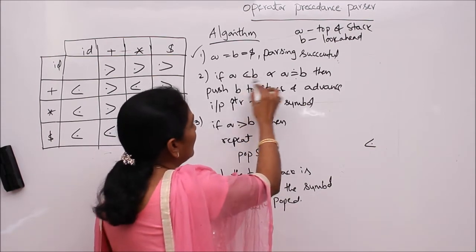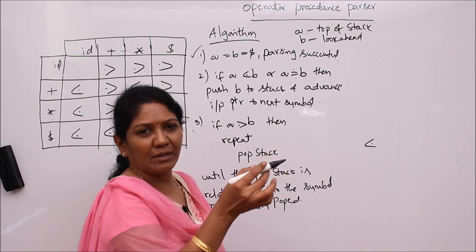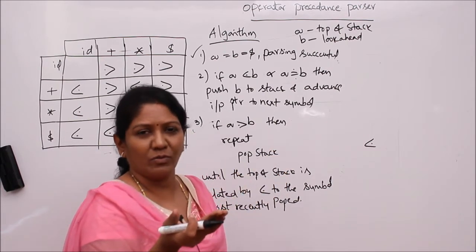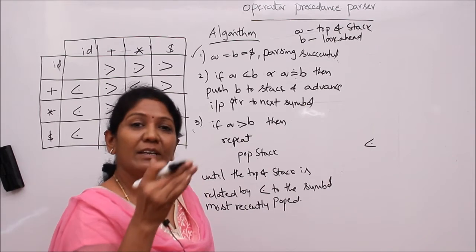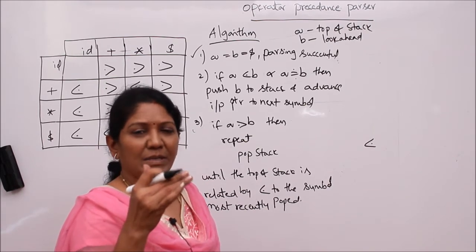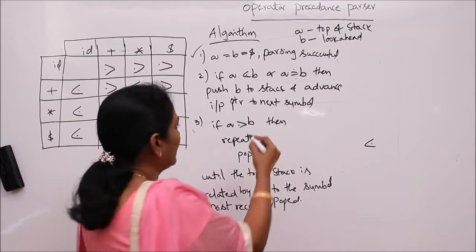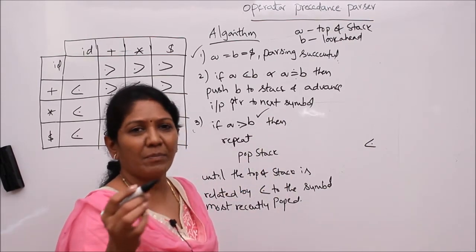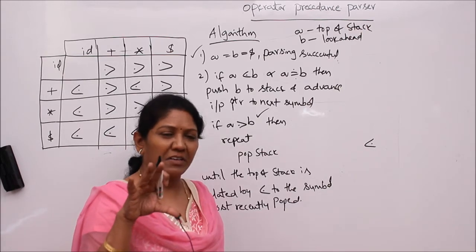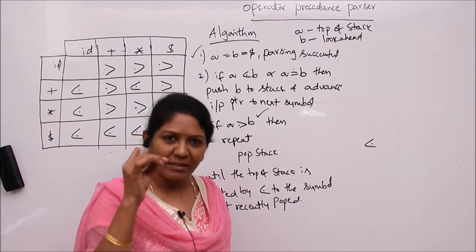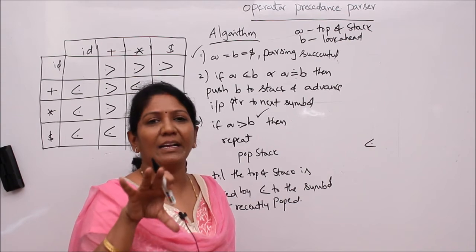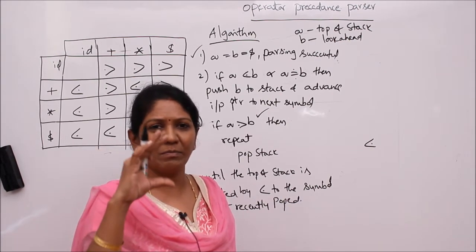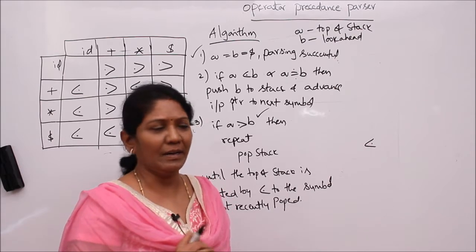How far should this shifting action be continued? Whenever it is less or even equal also, it should be continued until a greater precedence relation is encountered. When a greater precedence relation comes, that is where it has to perform pop. How exactly does it perform pop? Popping here is to take symbol by symbol until a handle is taken out. How does it ensure that a handle is only two symbols or three symbols or the entire stack content?